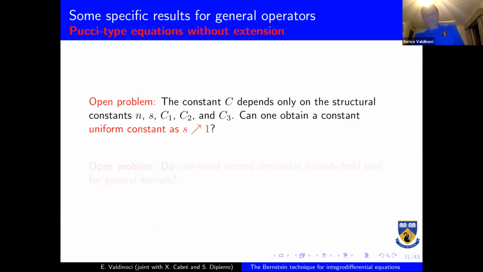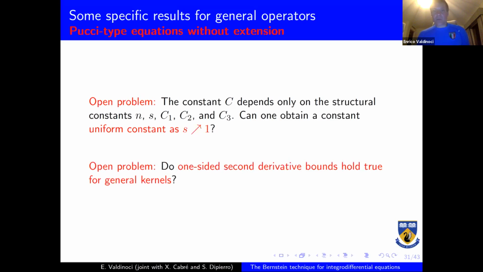So again, it would be nice to be able to state the theorem in a uniform way with respect to S, but this is an open problem, exactly because it was an open problem before for the key inequality. And as I was saying, the major open problem for us in this setting is whether or not second derivative bounds hold true for general kernels. At the moment, we only have first derivative bounds.